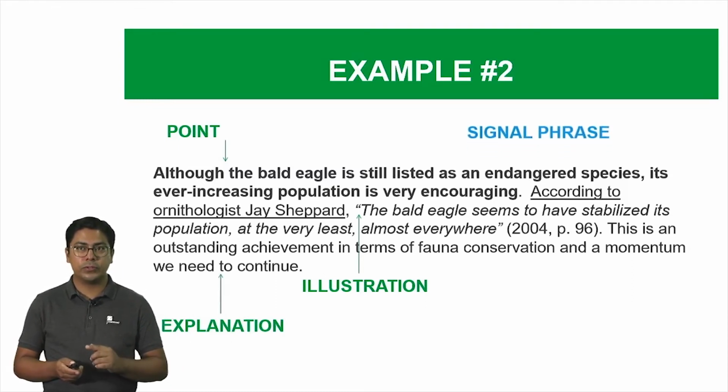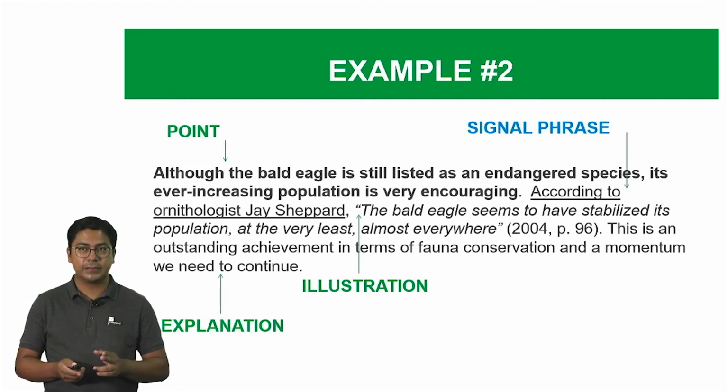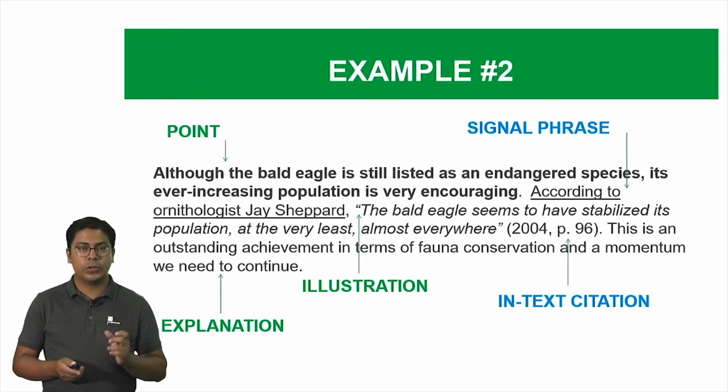But we also introduce the signal phrase that you can see underlined that says, "according to ornithologist J. Shepard," and we see an in-text citation at the end of the quote, which contains the year of publication and the page number.